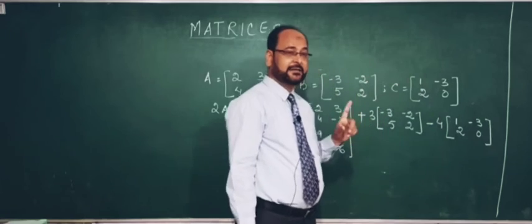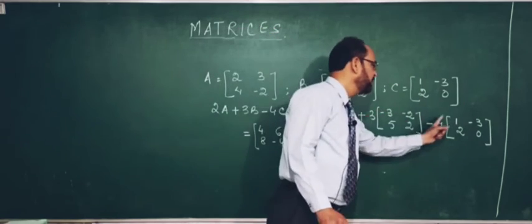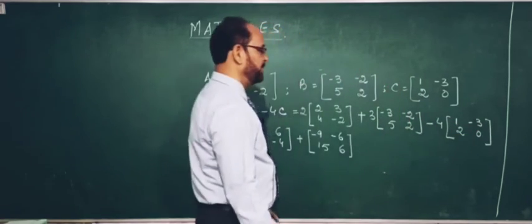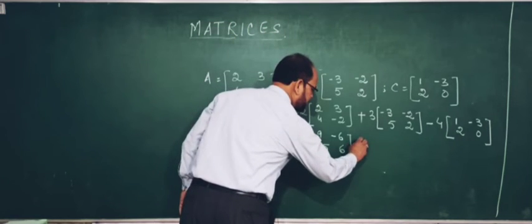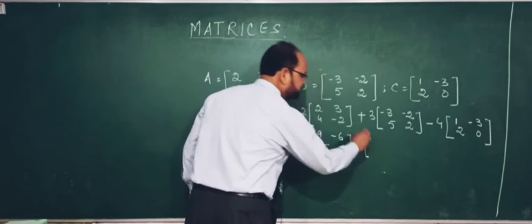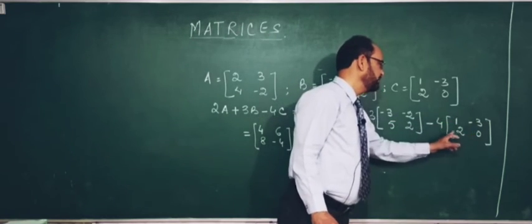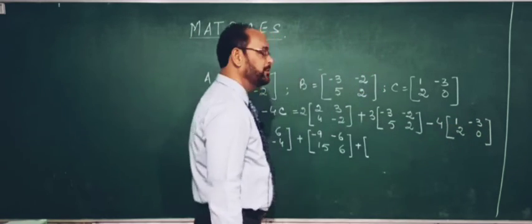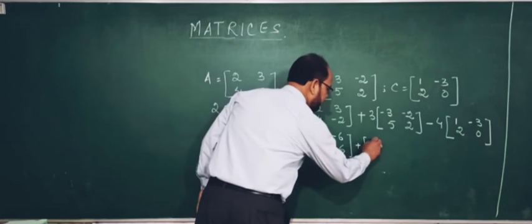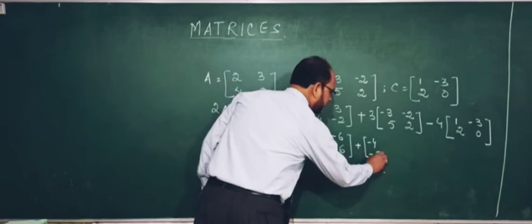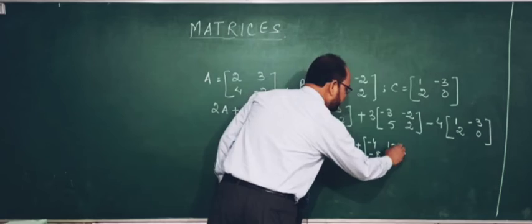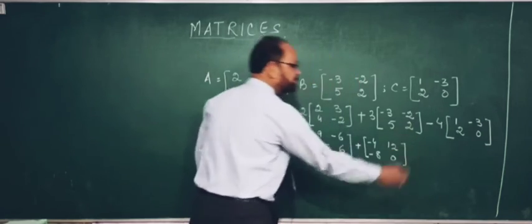You have to subtract as well as you have to multiply 4 in inside numbers. So this negative sign will be changed into positive 1, and you will change the signs of these numbers as well as you will multiply 4. So it will be negative 4, negative 8, positive 12 and 4 zeros are 0.